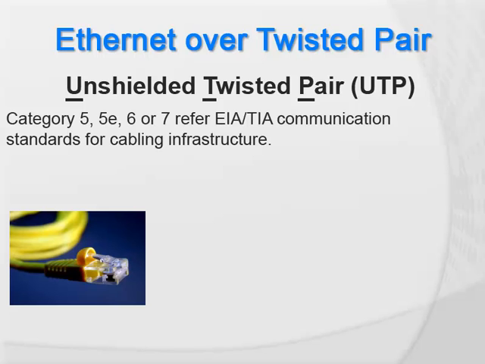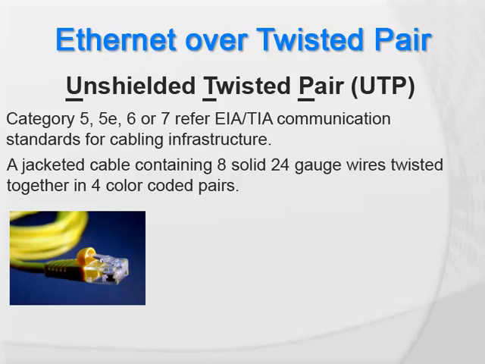Regardless of what it is called, it is a jacketed cable containing 8 solid 24-gauge wires twisted together in pairs to give you 4 pairs of 2 wires each. Each pair contains a solid colored wire and a white banded complementary wire. UTP cable is inexpensive to buy, and it's easy to install compared to some of the specialty cables used in a modern lighting system, like DMX.